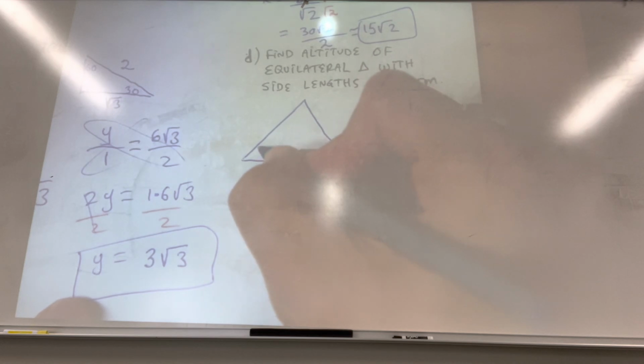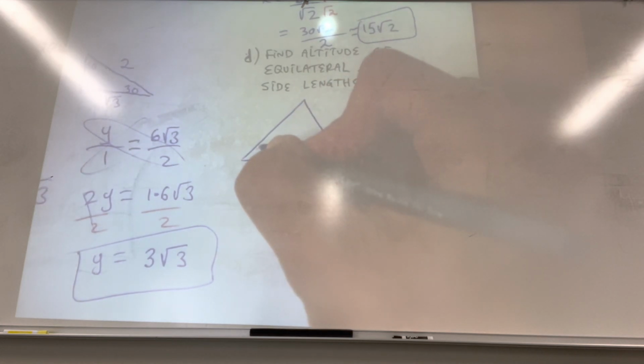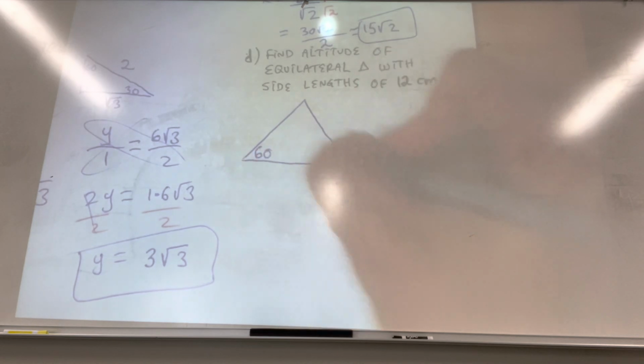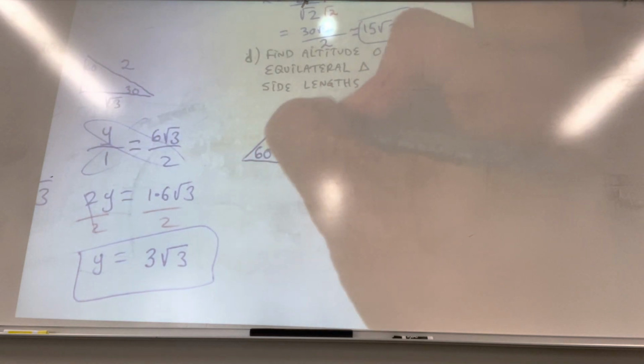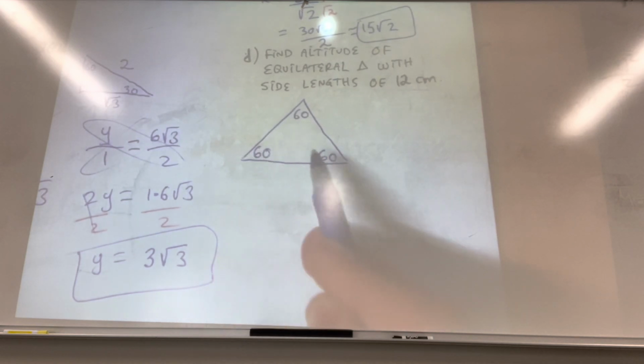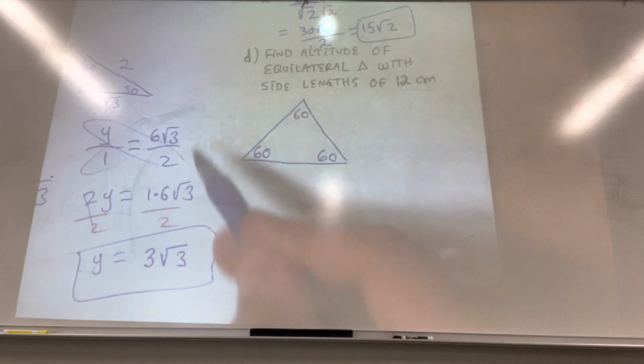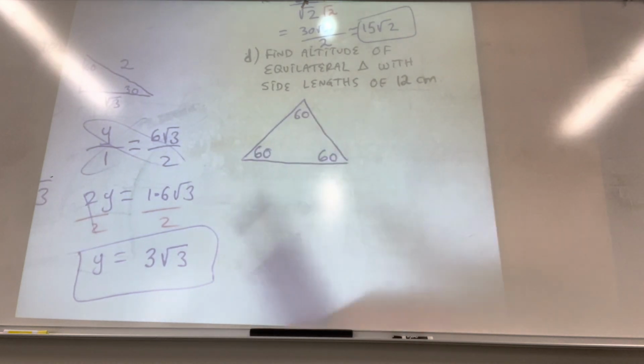How much is each angle? 60, 60, and 60. Brianna, because that adds up to 180, doesn't it? And everything's the same. All the angles are the same. All the sides are the same. 60, 60, 60 is 180.